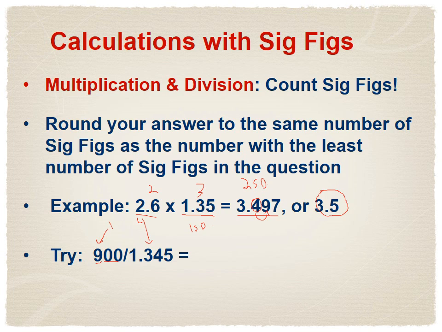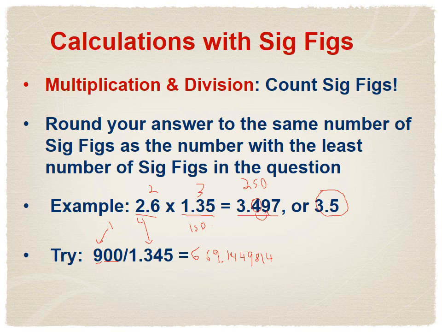So we do 900 divided by 1.345, and we get 669.149814. I'm just putting all my digits down to show you what I got in the calculator.